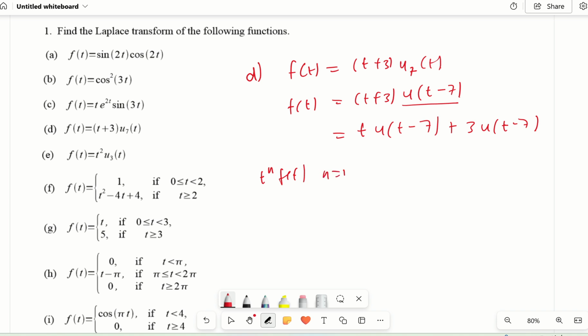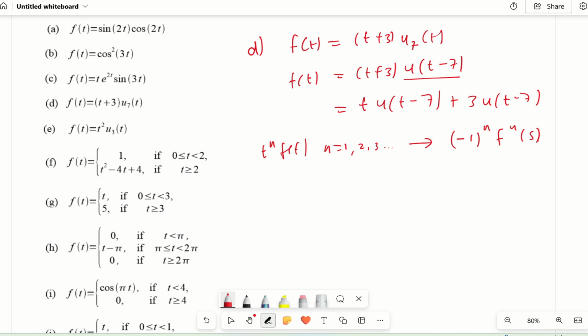where our n is 1, 2, 3. This thing is going to yield minus 1 to the n, the nth derivative of F of s. So that means if our n is 2, we're going to differentiate it twice.